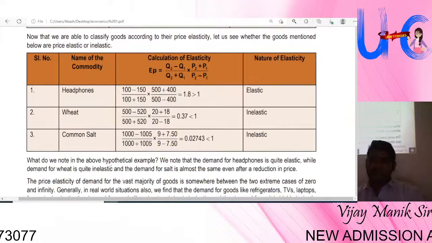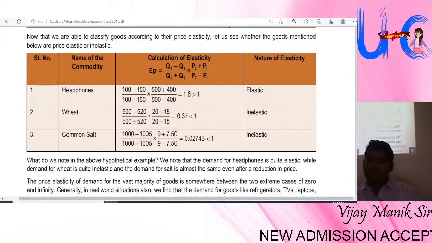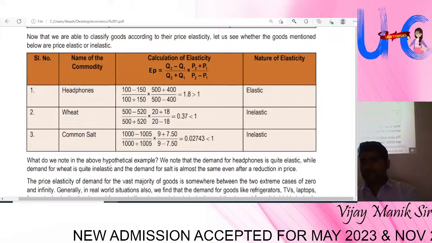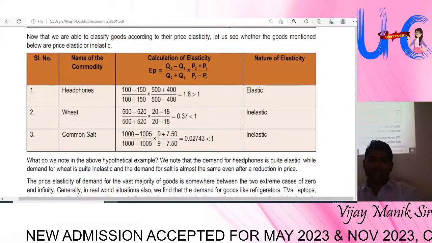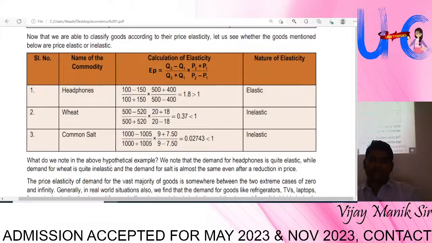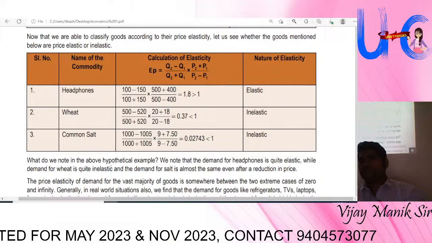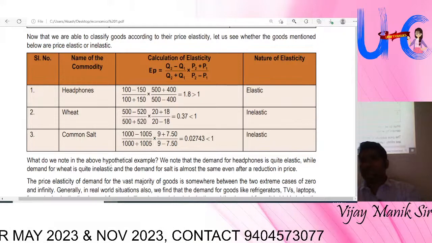You can understand by this schedule also. Headphones, weight, common salt. Okay, 100 minus, the example was there. We already had that example when we have studied this chapter.